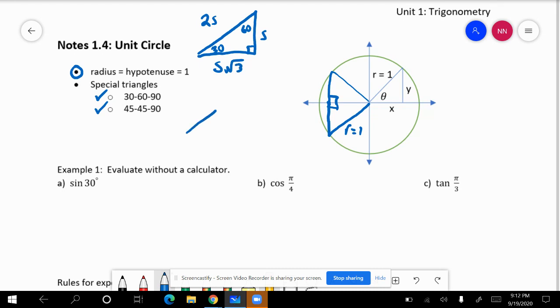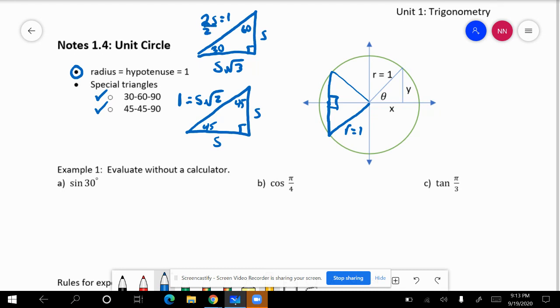With the 45, 45, 90, what we have is the 45 side being S and the 90-degree side being S rad 2. Why that's important is because the 2S is equal to 1 and the S rad 2 is equal to 1.